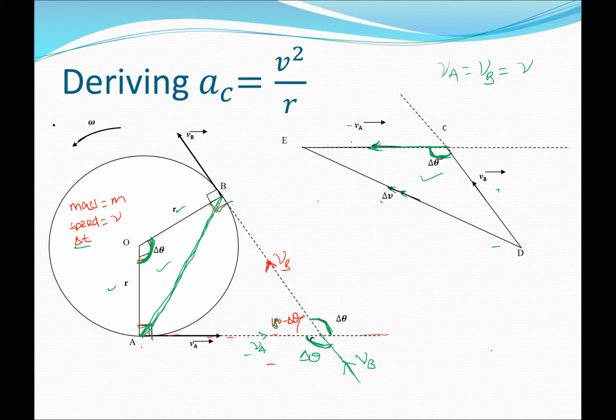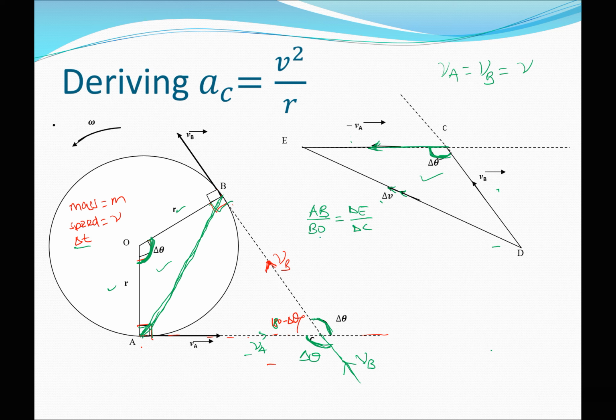Therefore, using similarities, I said AB or BA divided by, say, BO is equal to the corresponding sides, which are going to be DE divided by maybe DC.